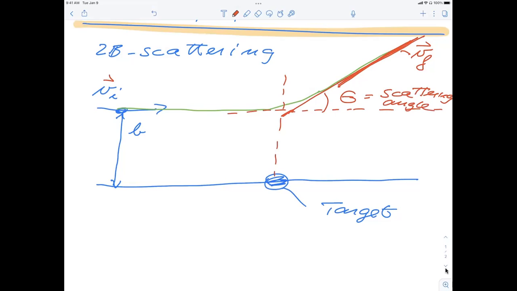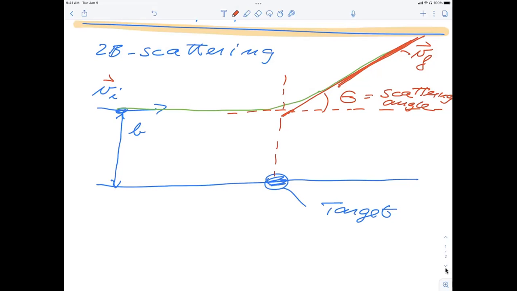When you run an experiment, you have a set of detectors, and when something hits the detector at a certain point, you register what is being hit, you count the number of hits, and you can also extract the angle at which it came into the detector. So that's called the scattering angle.